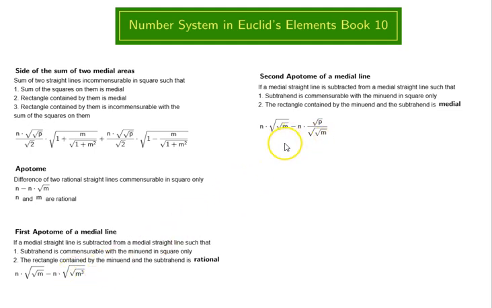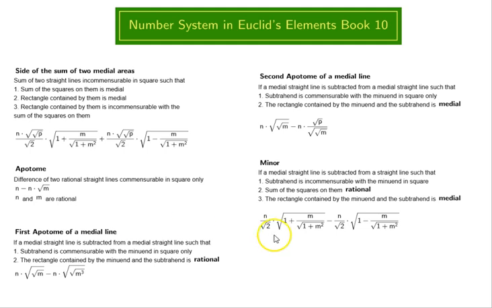They are commensurable in square only because of the root p. But if we multiply these two, what happens? n squared, square root of m get cancelled out. n times n is n squared times root p, which means it is medial.